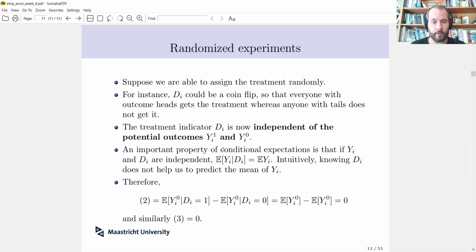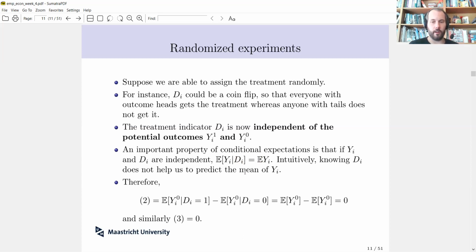Well, if you look at conditional expectations, then if the observed outcome Y is independent from the treatment indicator, then this conditional expectation actually turns into an unconditional expectation. The intuitive reason is that because DI is independent from YI, DI does not give you any help in predicting the average of Y. It's completely useless, and therefore you can just ignore it. That's what we say here.